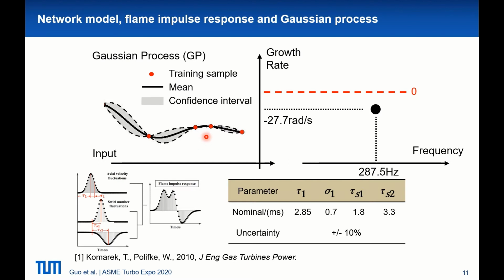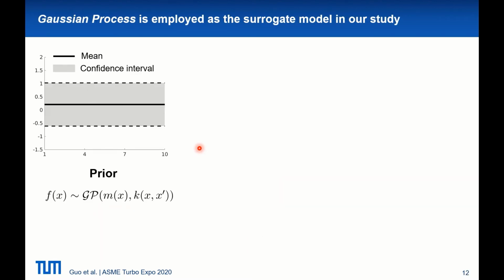In addition, we use a Gaussian process as the surrogate model. A Gaussian process is a Bayesian method, and it's especially powerful in modeling spatial data. It assumes that the function we are trying to approximate is a realization of a Gaussian process, which is characterized by a mean function that describes the general trend, and a covariance function that describes the spatial correlation.